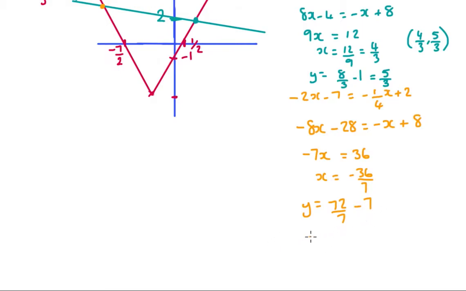Which is going to be 23 over 7. I haven't got a calculator. 49, 59, 69. Yeah, 23 over 7. So the other coordinate is minus 36 over 7, 23 over 7.